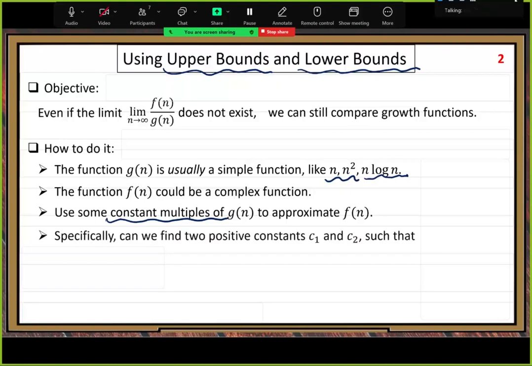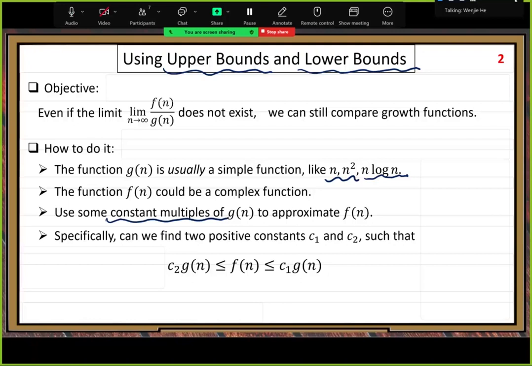So we use constant multiples of the g function to approximate the f function. Specifically, we want to find two positive constants, C1 and C2, one for the lower bound and one for the upper bound, such that this inequality holds.